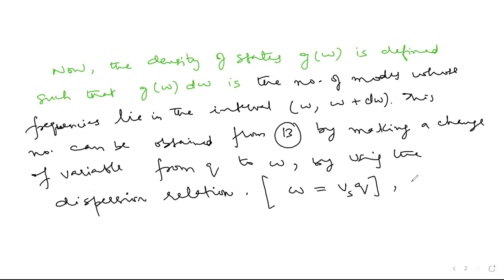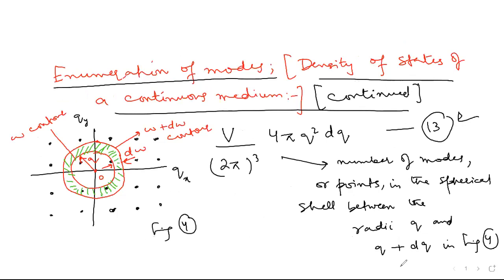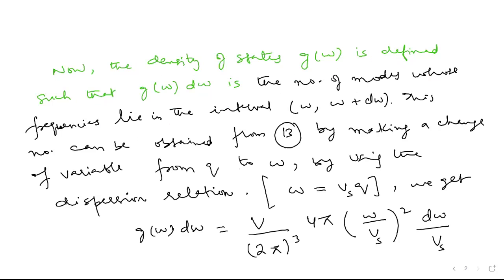Using this, we get g of omega d omega is V by 2 pi whole cube times 4 pi times omega by Vs whole square times d omega by Vs. So you can see V by 2 pi whole cube is the same, 4 pi is there.